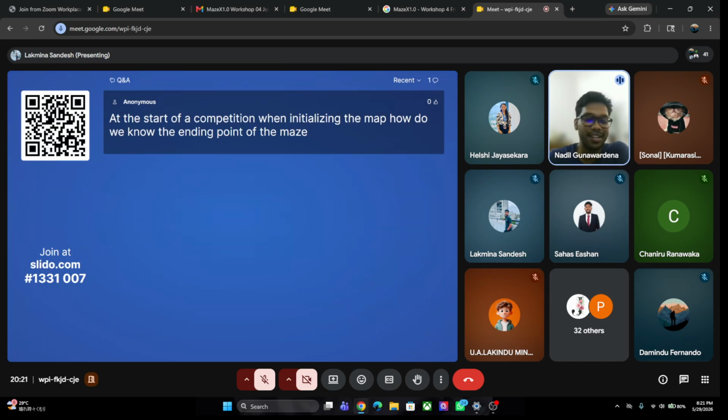That was also a question that I had in my mind when learning the flood fill algorithm. You just need to know where the ending point is. So they give us the ending point.